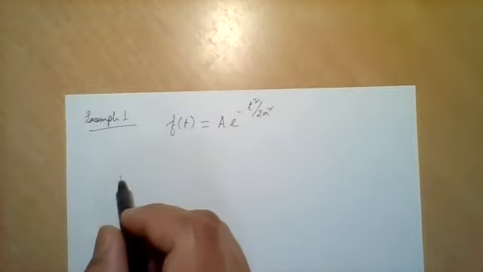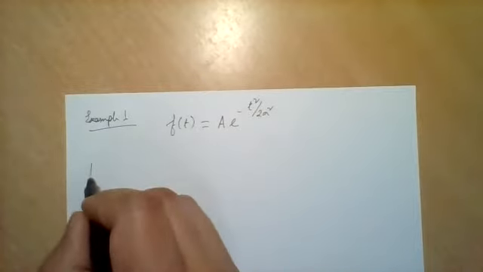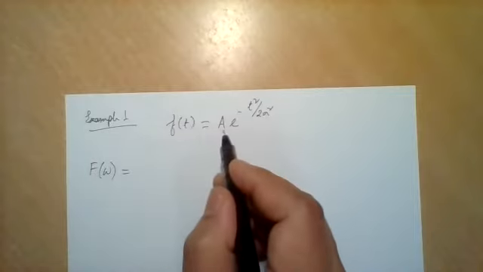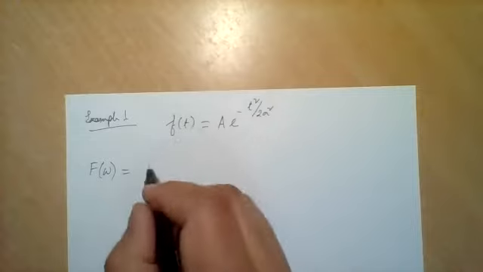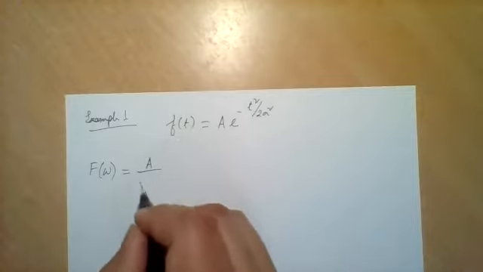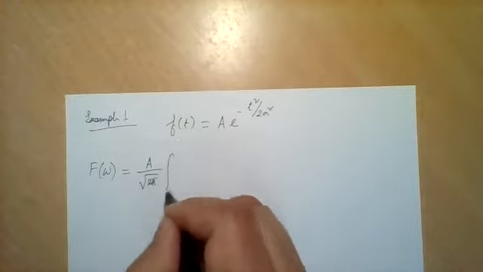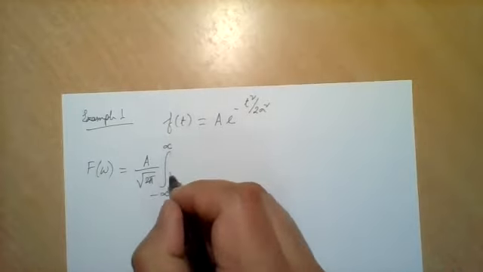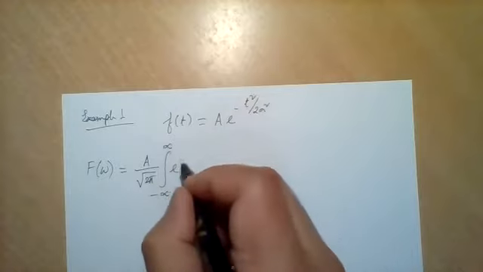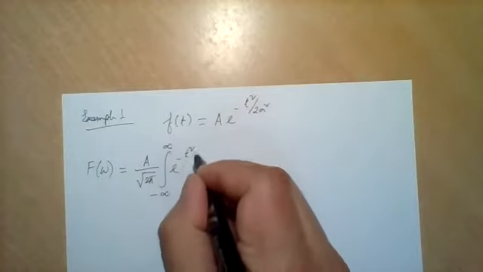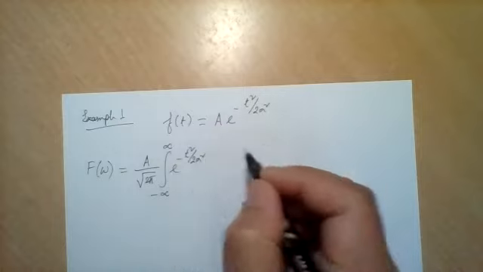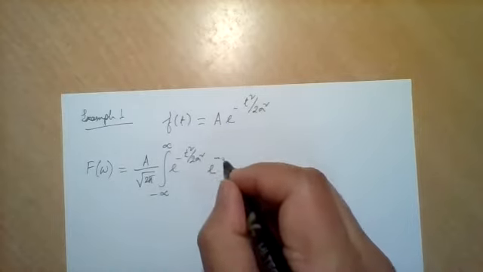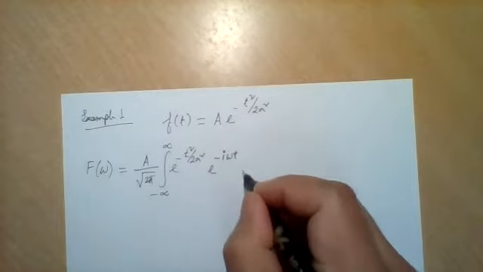So its Fourier transform would be given by capital F of omega. This is equal to, here a is a constant, so it can be taken outside, a by root twice pi integration from minus infinity to plus infinity e to the power minus t square by twice sigma square, and e to the power minus i omega t dt.